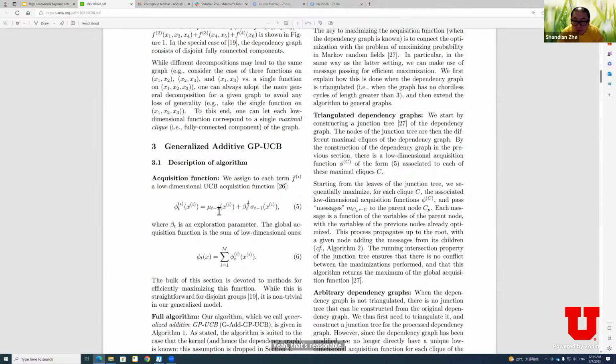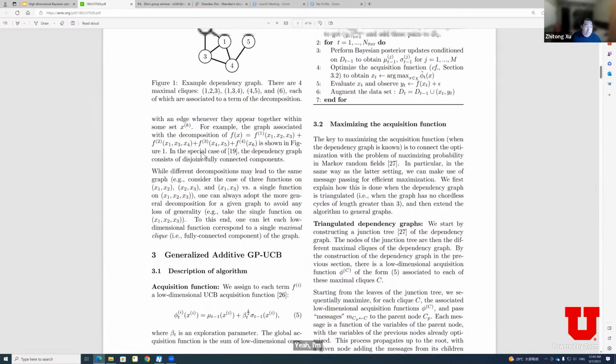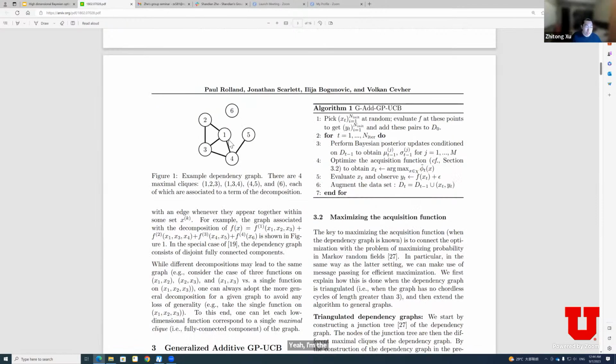How do they specify this function? Oh, this function. Yeah, this is UCB, right? This is just from the GP. So 1, 2, 3 form a GP, and 1, 3, 4 form a GP.